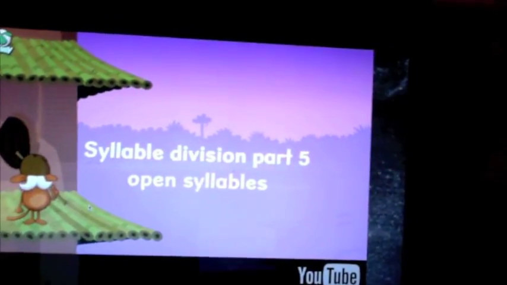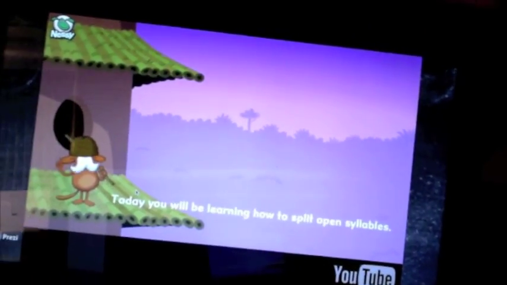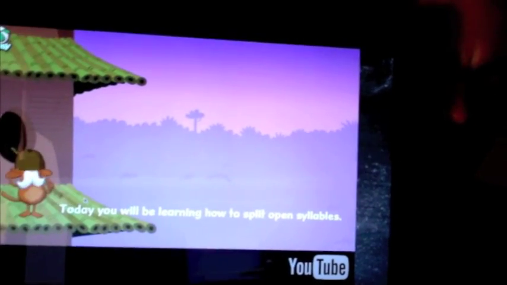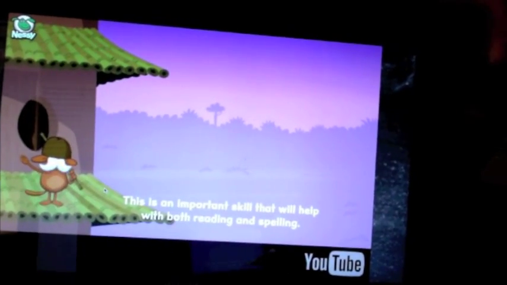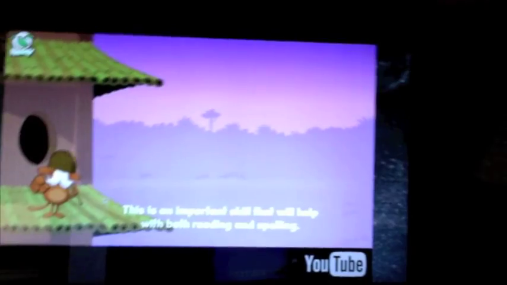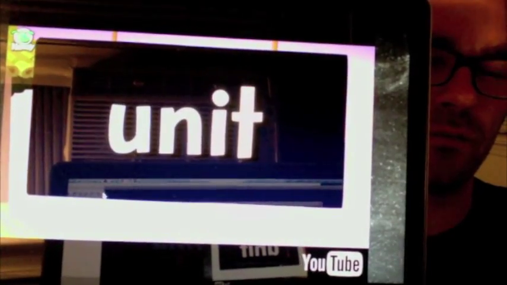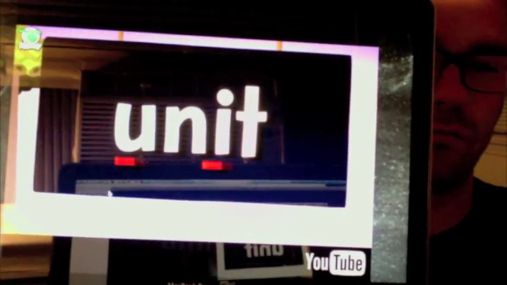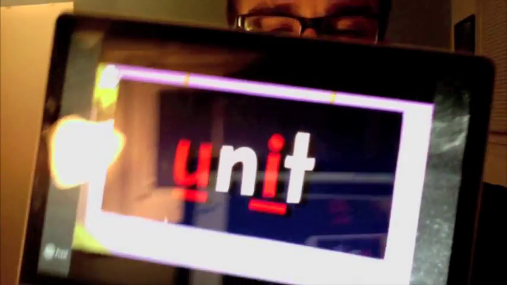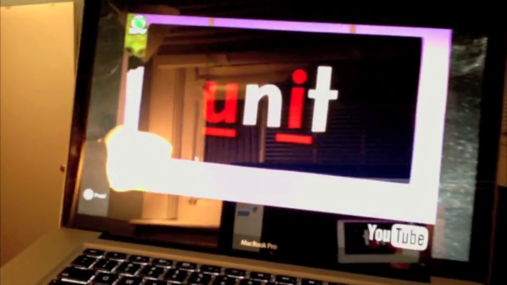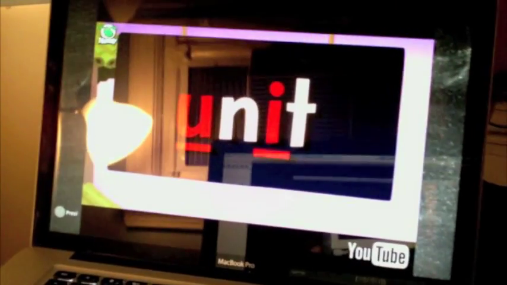Syllable Division Part 5. Today you'll be learning how to split open syllables. This is an important skill that will help with both reading and spelling. Good luck. To split a word into syllables, underline the vowels and divide the word between them. The vowels have been underlined, but this word cannot be split in the middle. You have to choose one side.